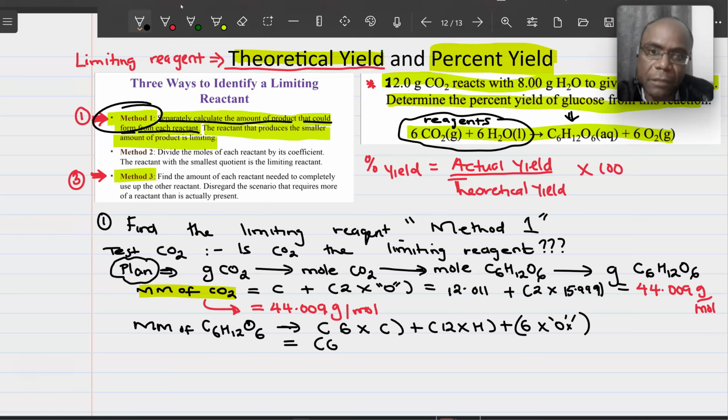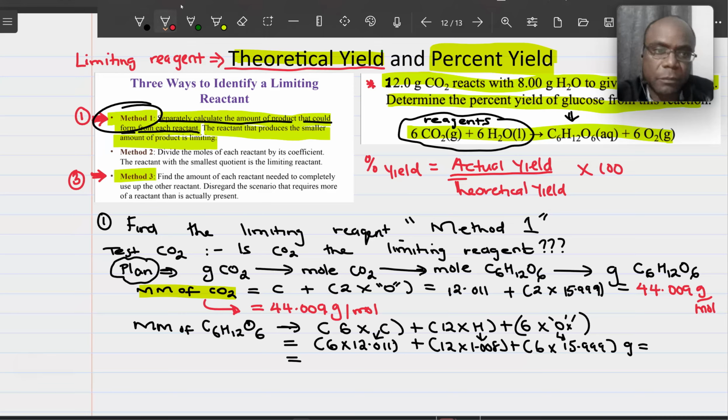That is going to be 6 times 12.011 for each carbon from the periodic table, 12 times 1.008 for each hydrogen from the periodic table, then 6 times 15.999, the atomic mass of oxygen. All this is in grams. If I sum these up, the molar mass of glucose will be 180.156 grams per mole. So each mole of glucose weighs that many grams.